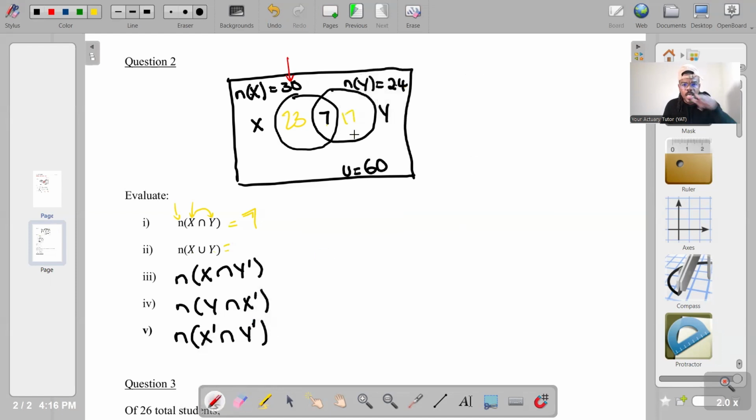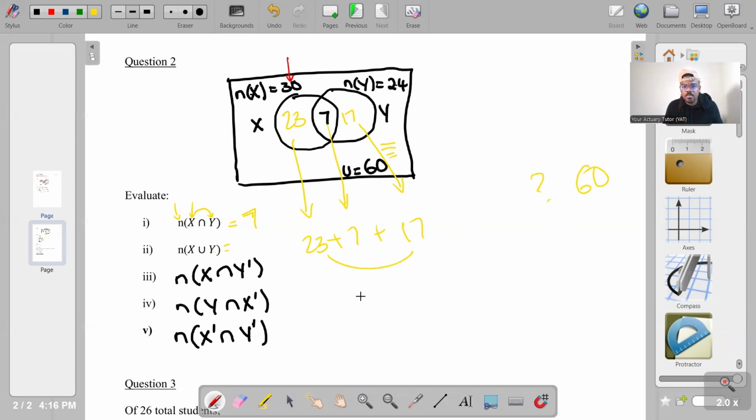Then now, just like I told Noah, don't stop there. Try and figure out, is there anybody that is outside? Yeah? So first, I have 23. Then I have 7. These are all distinct types of people. Then I have 17. Did this all add back up to 60? That's the question mark, right?